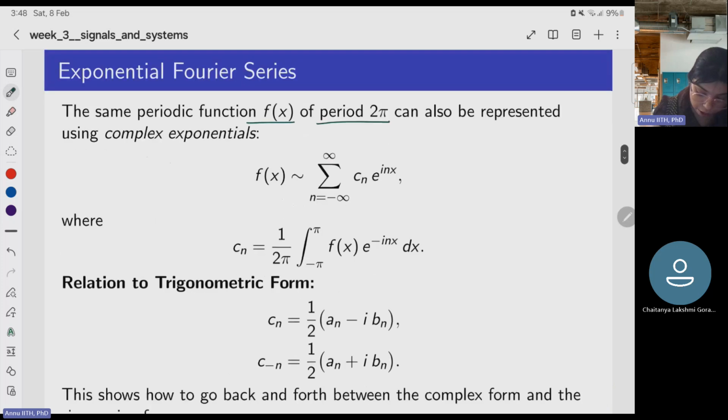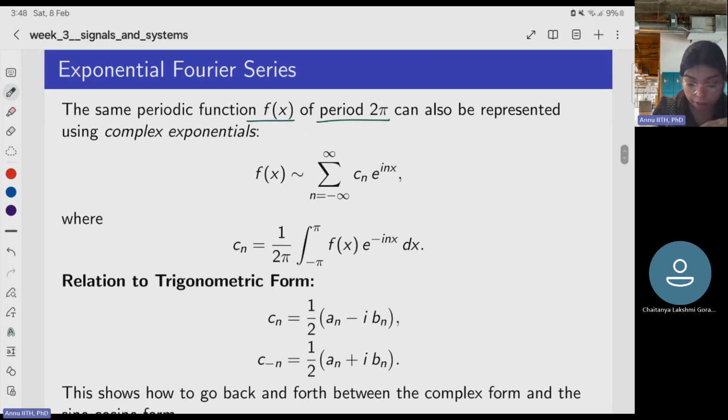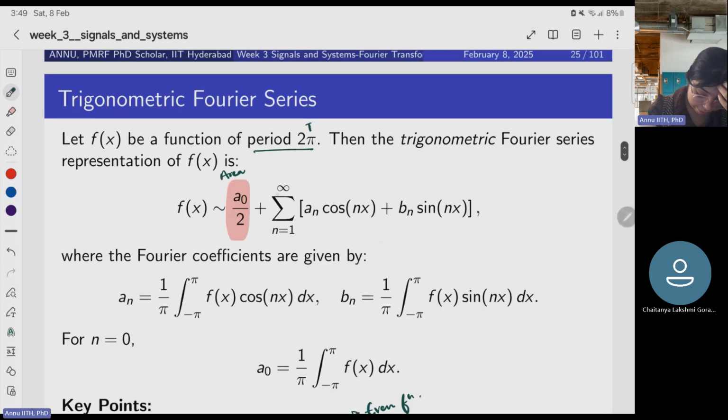Well and good. If you want to write it in the form of exponentials, because as we know, the exponential can be represented in terms of sine and cosine and vice versa using Euler's formula, then f(x) is the sum from minus infinity to infinity of Cn e power i n x. Whereas here you are representing from 1 to infinity, and here a naught by 2 for n equal to 0.